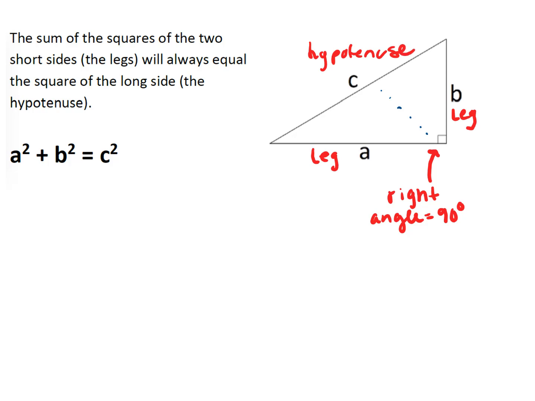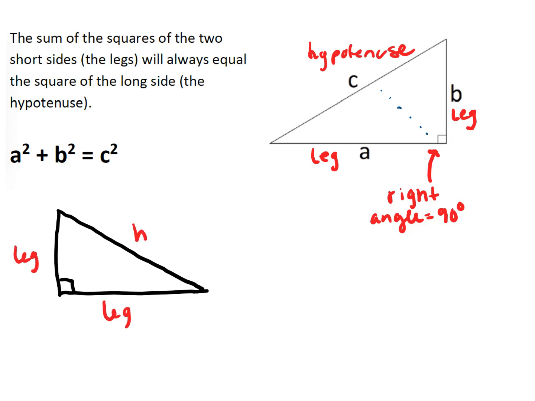So regardless of how we actually draw our right triangles, that is how we will always define the sides. They'll be called the legs and the hypotenuse. And for the Pythagorean theorem, we define the two legs as A and B. And then the hypotenuse is the longest side of the right triangle, directly across from the 90-degree angle. So if I were to draw a right triangle like this triangle here, then this would be defined as a leg, this would be a leg, and this would be the hypotenuse, HYP for short.